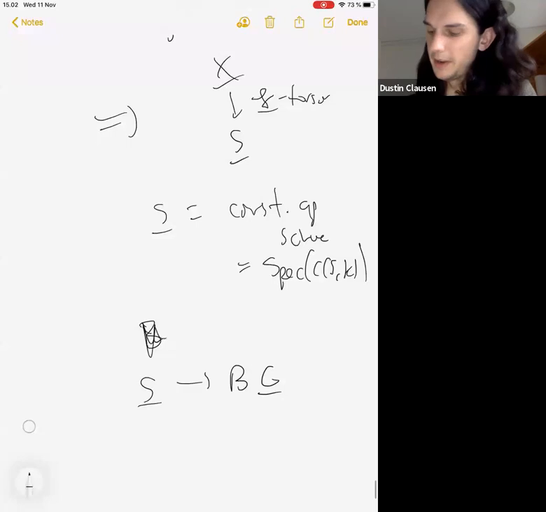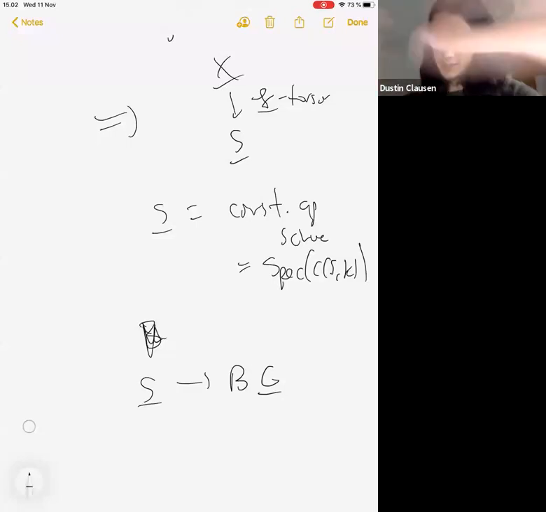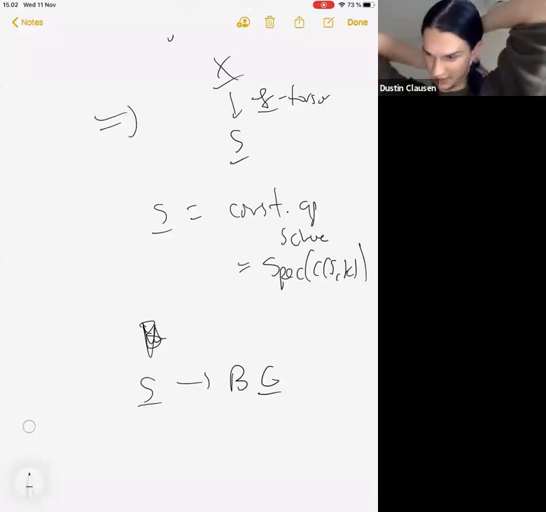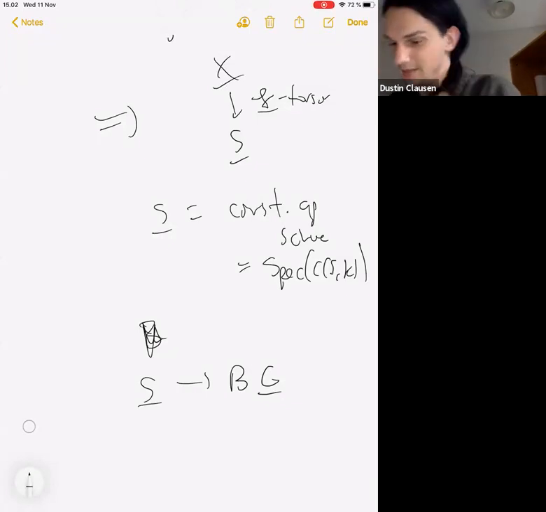This is essentially just by functoriality of mapping from constant profinite sets to constant schemes with values on this constant scheme on that profinite set.